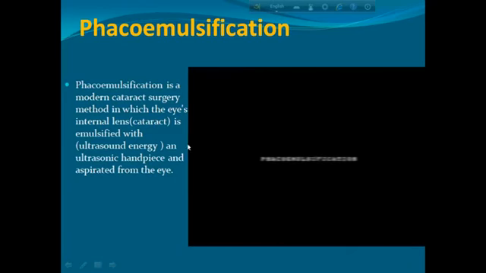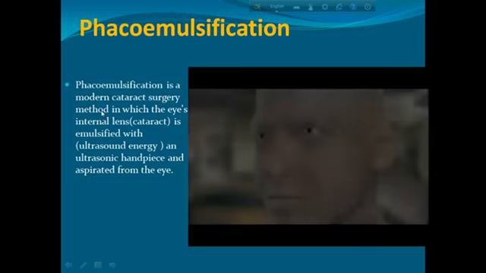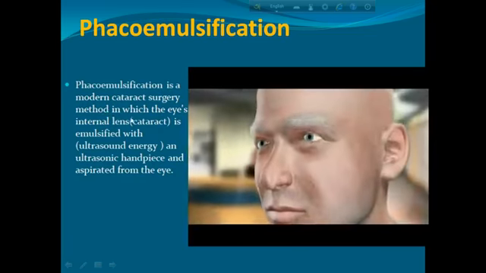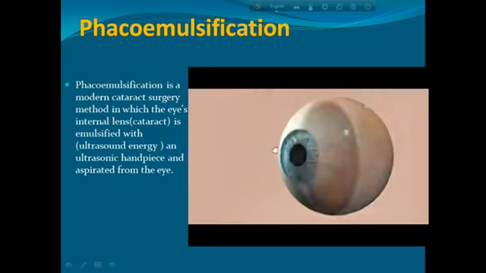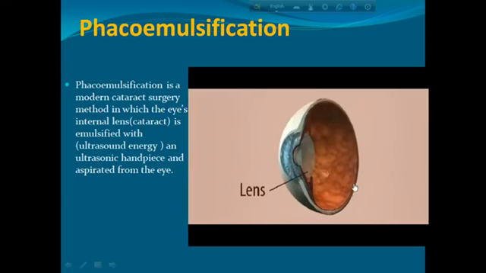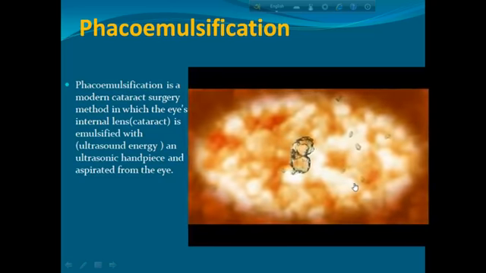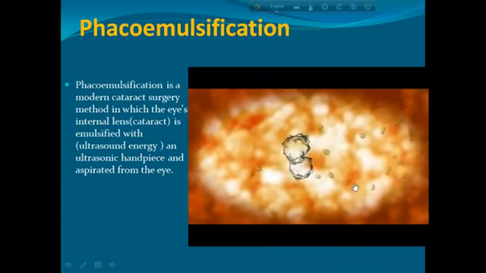What is phacoemulsification? Phacoemulsification is a modern cataract surgery method. A cataract is the clouding of the eye's natural lens, a structure positioned behind the cornea, iris, and pupil. Like the glass lens of a camera, our lens adjusts to focus our vision. The lens is mostly made up of water and protein.